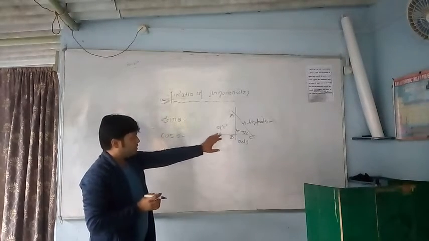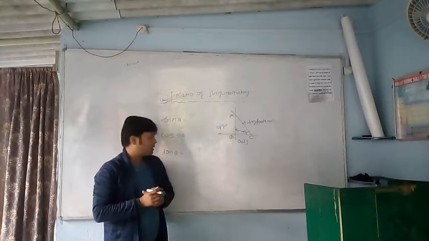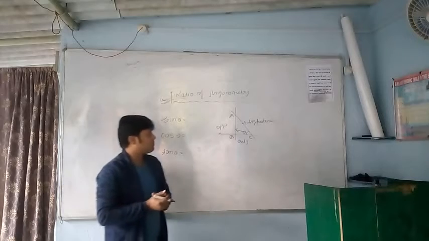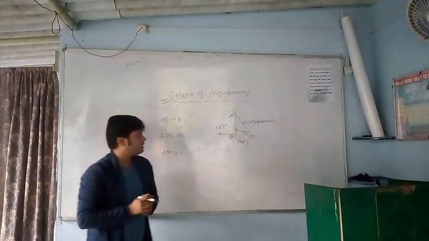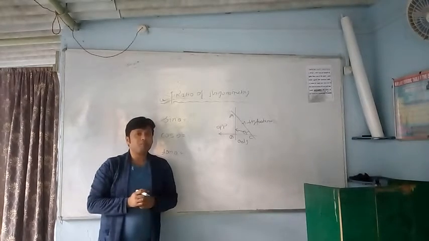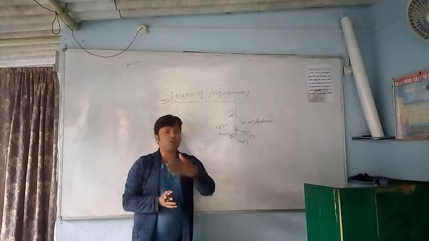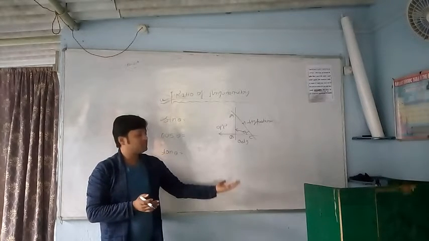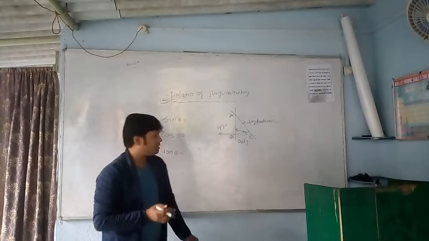But there is confusion among the students: what is the opposite side and what is the adjacent side? So focus here. As an example, you are sitting opposite me, so you are the opposite side, and the person sitting beside me is the adjacent side. Got it?